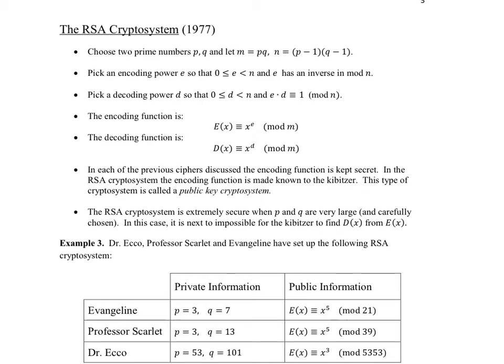If you do that, it's really next to impossible for the kibitzer to find out the decoding function from the encoding function, like we were talking about before. And there are many computers working away at these problems as we speak to try to crack the code and figure out how to factor a P and a Q that are out there and we don't necessarily know what they are.